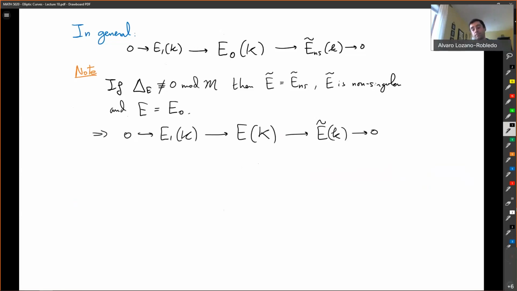That's the kernel. Okay, so you do get an exact sequence just like that. Very good.